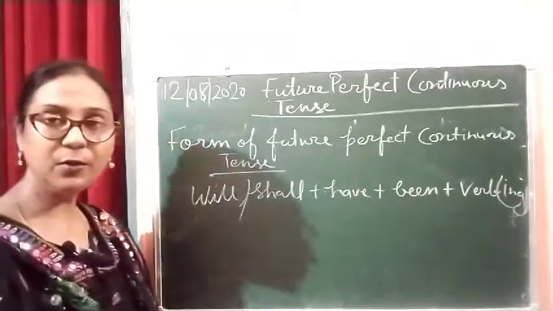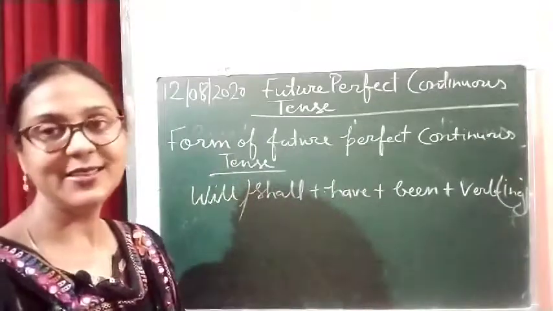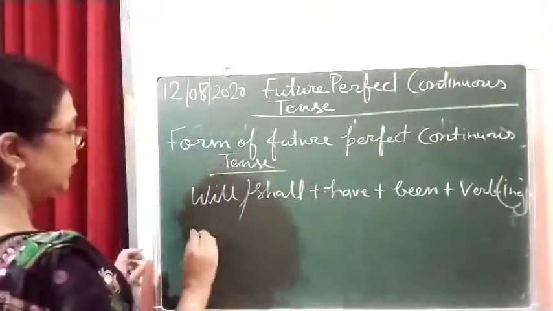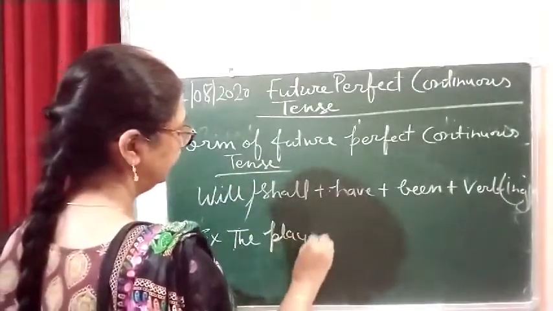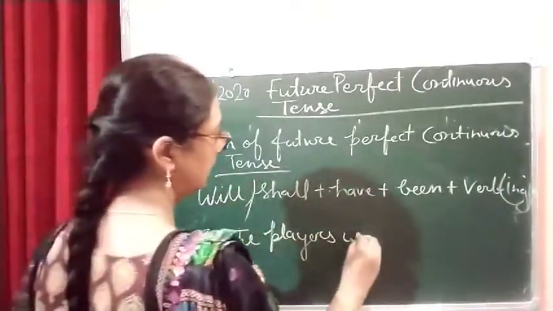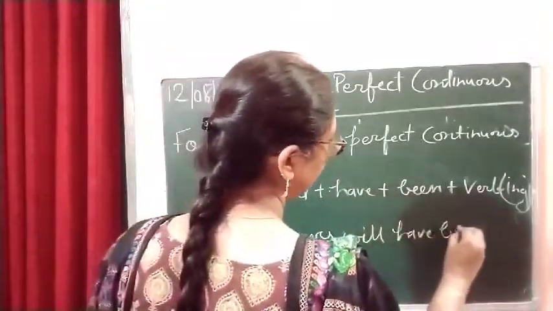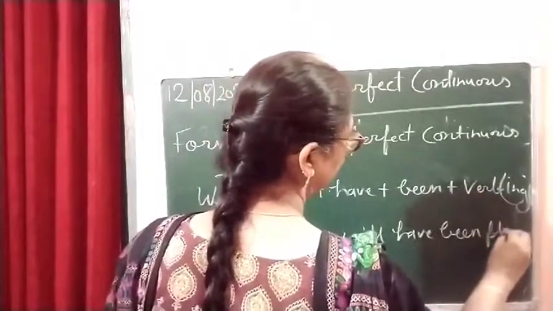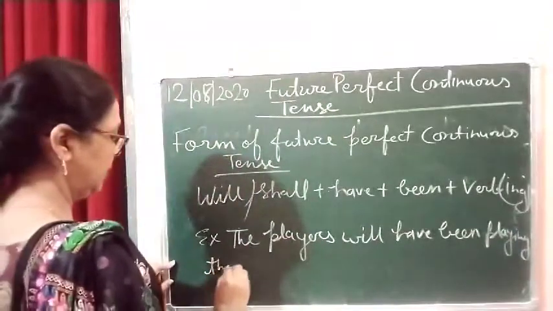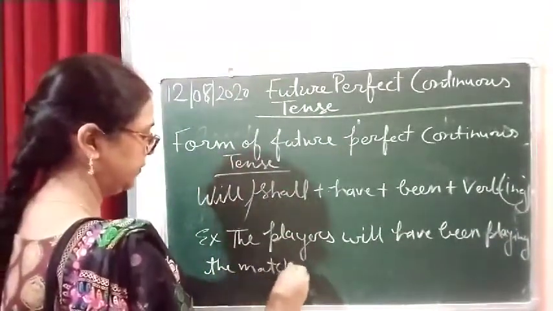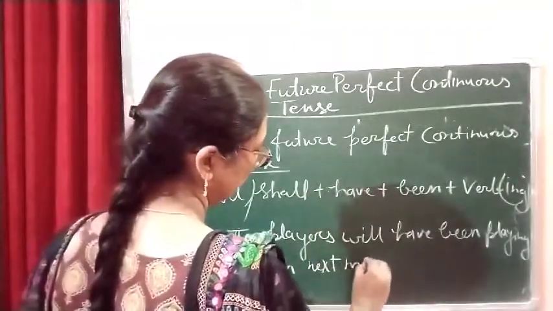Now I am going to give you one example of how to form future perfect continuous tense. Example: the players will have been playing the match next morning.